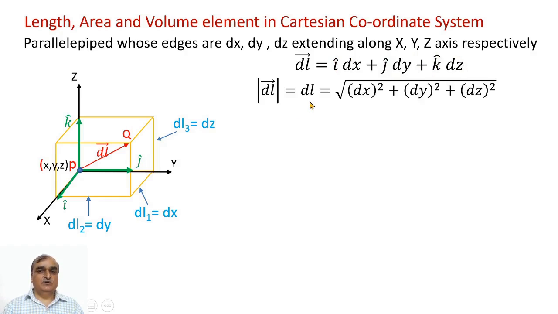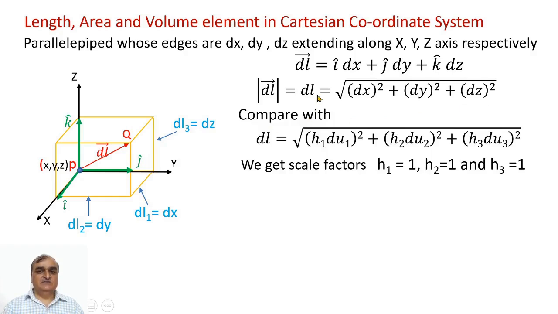Then its magnitude dl is equal to square root of dx square plus dy square plus dz square. This is the length element in Cartesian coordinate system. If we compare this length element with the length element in general curvilinear coordinate system, then we get three scale factors: h1 is equal to 1, h2 is equal to 1, and h3 is equal to 1.